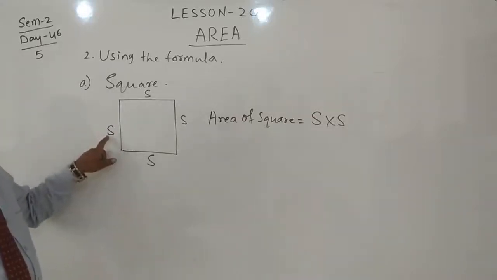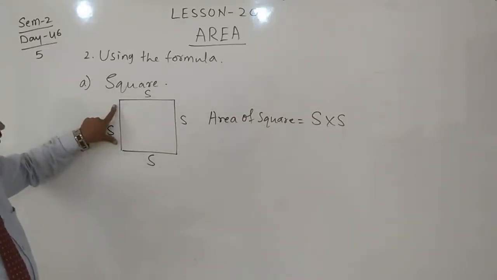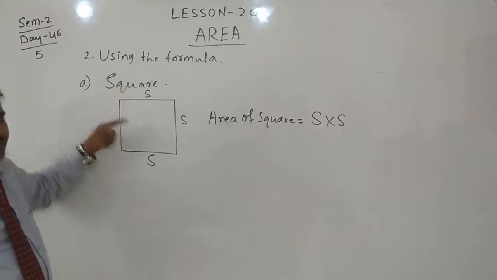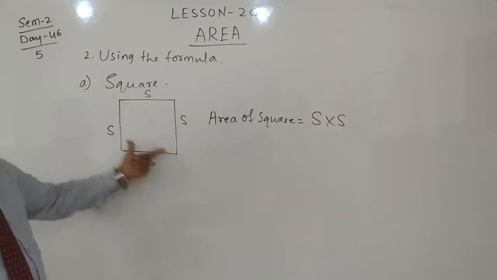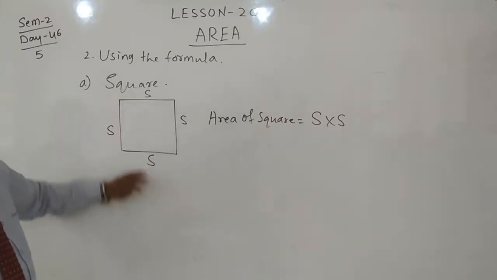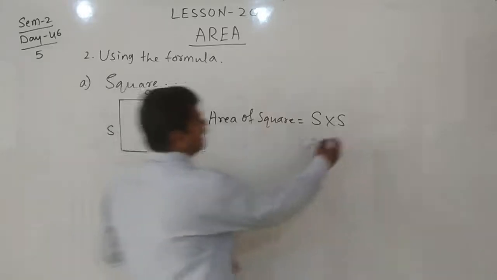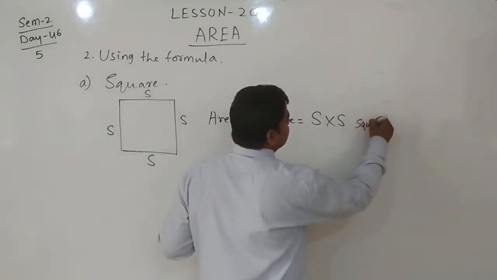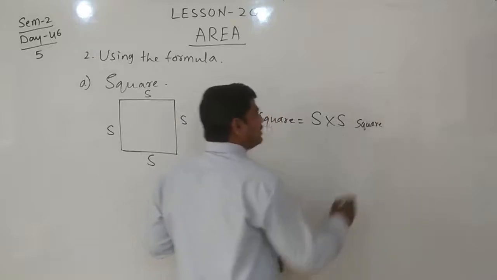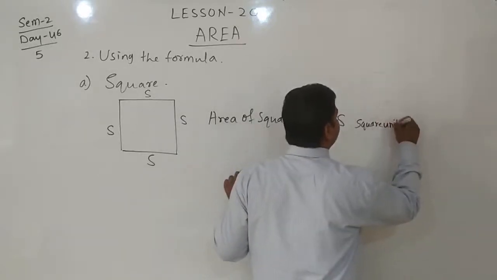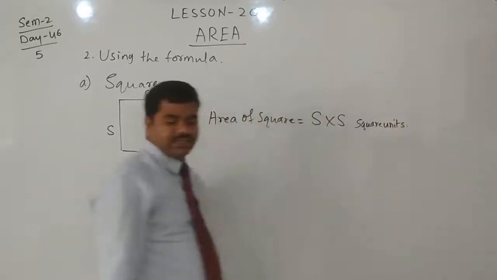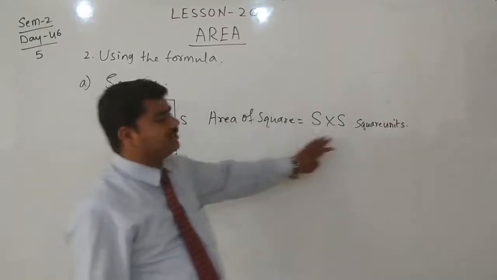S into S means side multiplied by side, giving square units. You multiply the rows and columns, then automatically you get the area. This is square units. If given in centimeter, then centimeter square. If given in meter, then meter square.